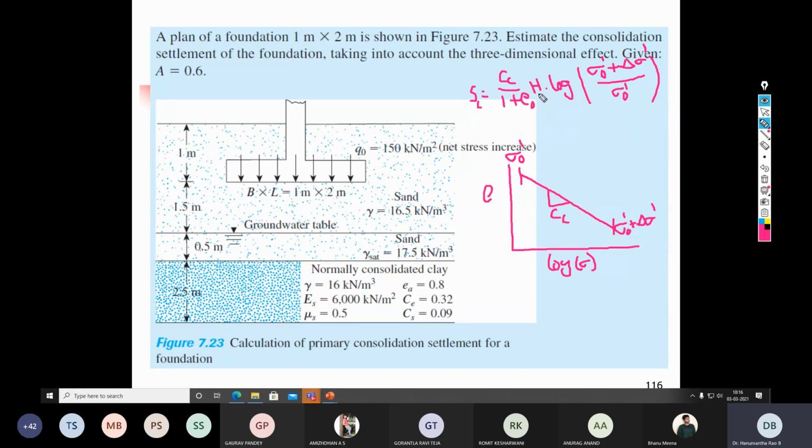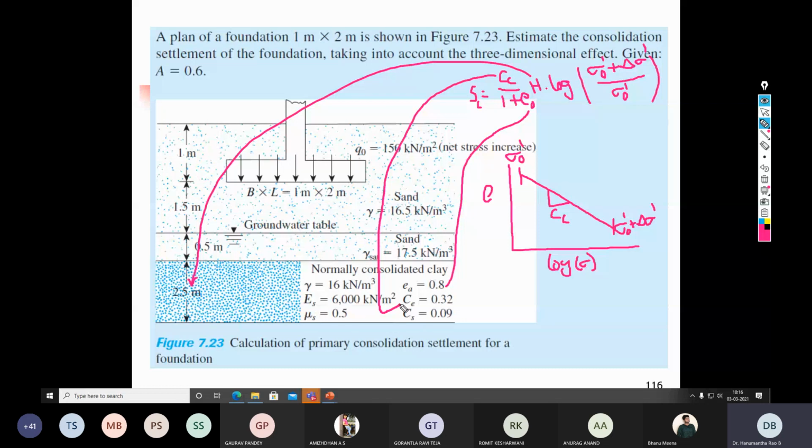Okay, so here what is the H value? 2.5, sir. Exactly, H is 2.5. And e naught is given, that is 0.8, and Cc has been given, that is 0.32, and sigma naught dash you need to calculate.